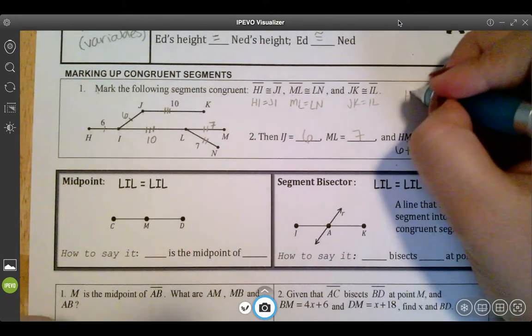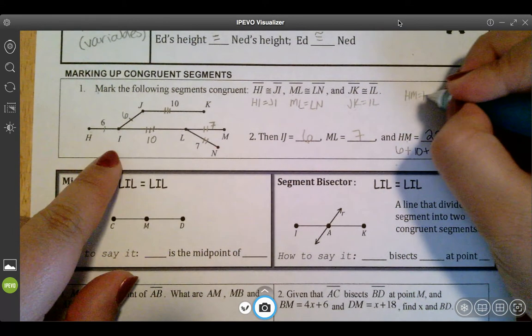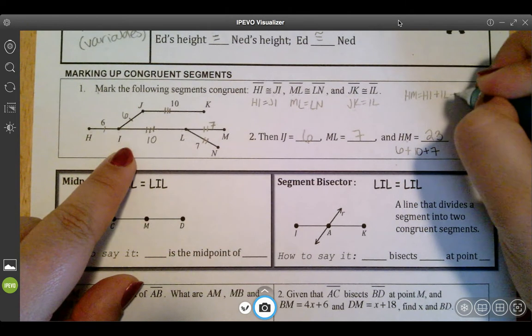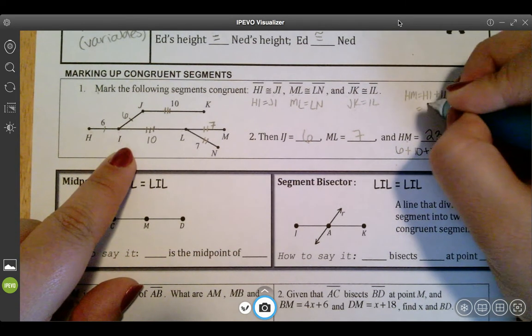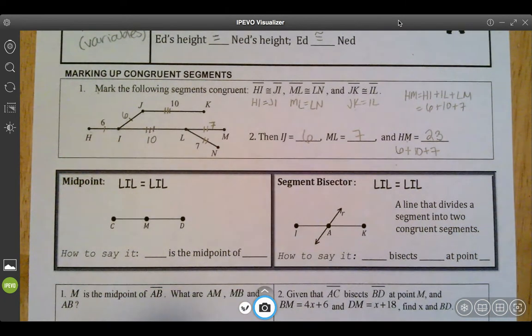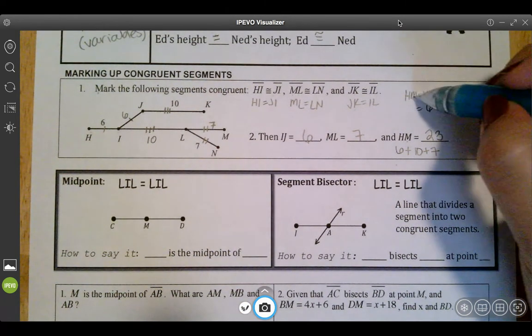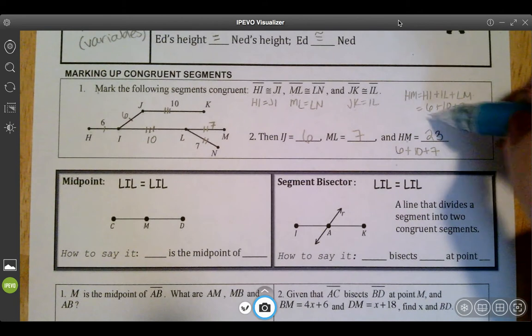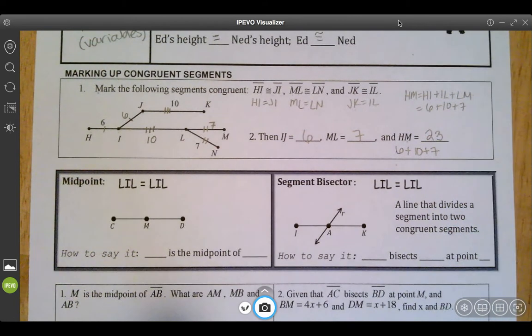So we can say HM was HI plus IL plus LM, which is 6 plus 10 plus 7, using the segment addition postulate in order to find the total length of those segments.